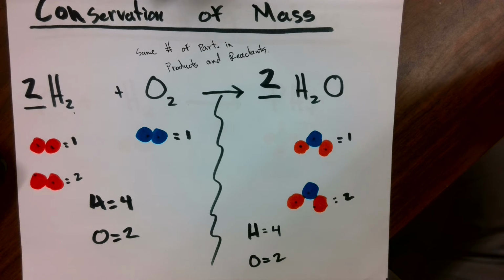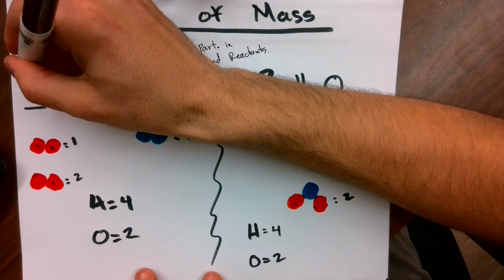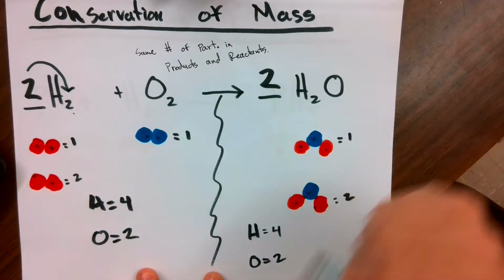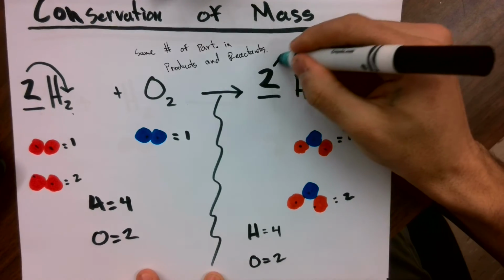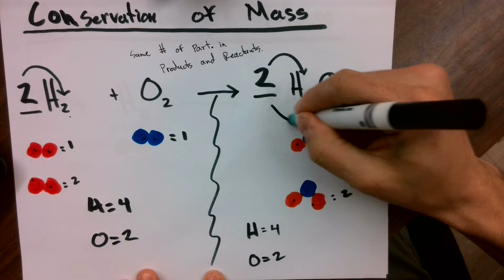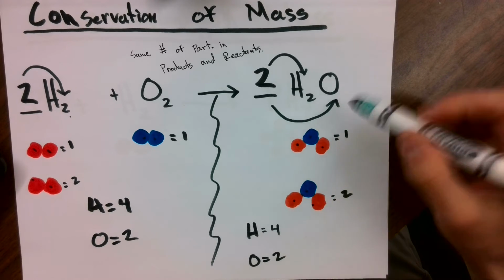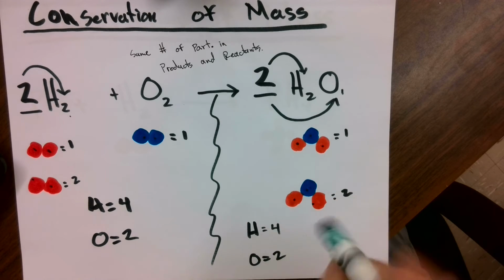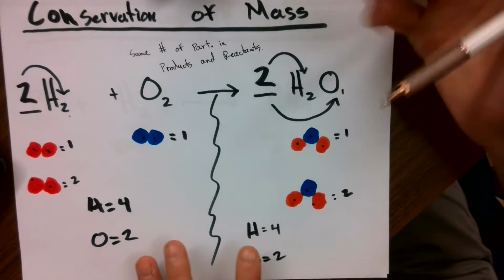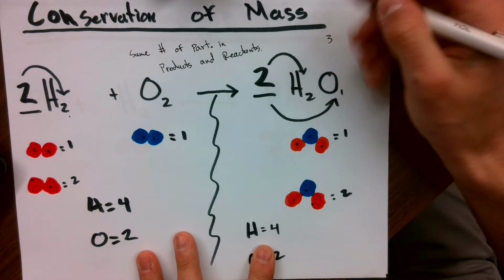Another way to think about it is distributing. So I'm distributing this 2 to here, and I'm distributing this 2 to here, but I'm also distributing this 2 to here. So here there are 2 oxygens. Well, this little phantom 1 over here, another way to look at it is mathematically. So if your mind works well in math, it's like distributing here.